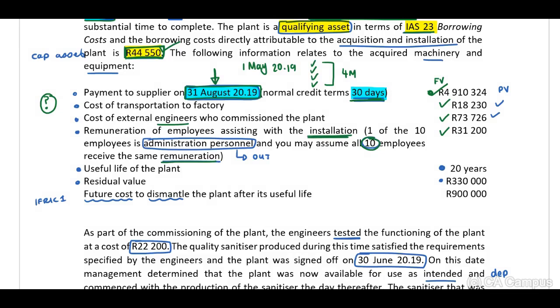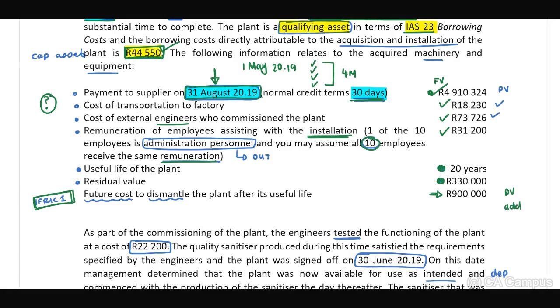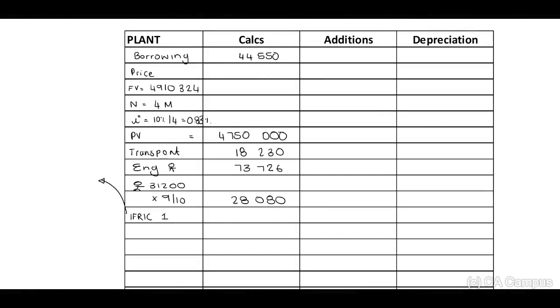Our useful life of the plant is 20 years. We have a residual value of 330,000. And very important, guys, we have our IFRS 1 costs. Okay, so they indicate to us that this is 900,000. We need to determine what is the present value, and then this we need to add to our asset. IFRS 1, we have a future value of 900,000. We have a period of, guys, remember, they indicated to us 20 years.